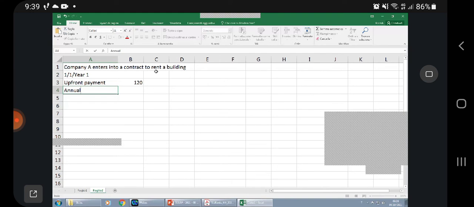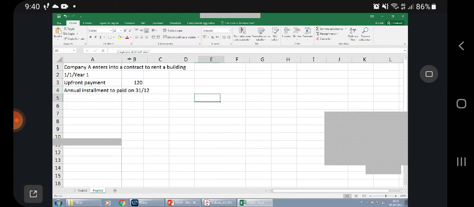For companies, it could also happen every 3 months, but it's very uncommon to pay annual payments. But for our exercises, it works because it's just a matter of computation. So, annual installment to be paid at the end of each period.